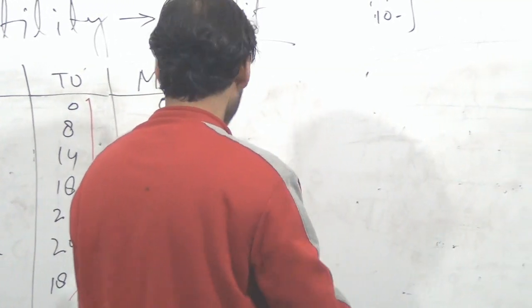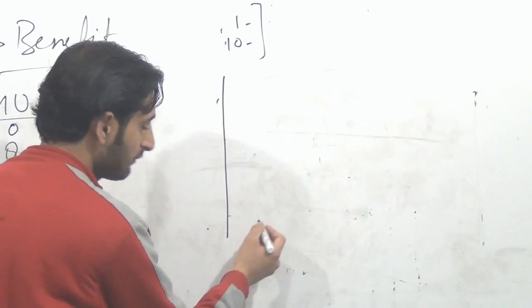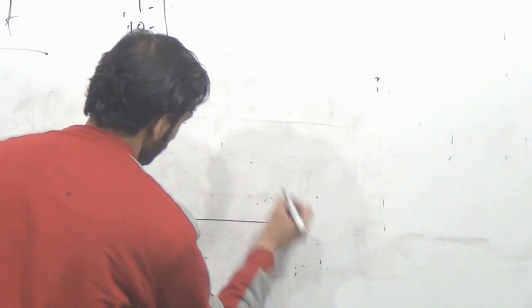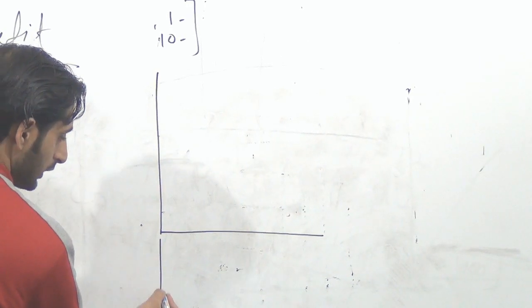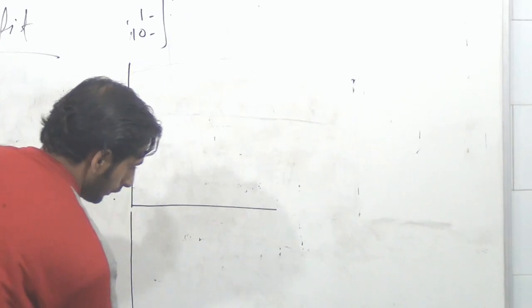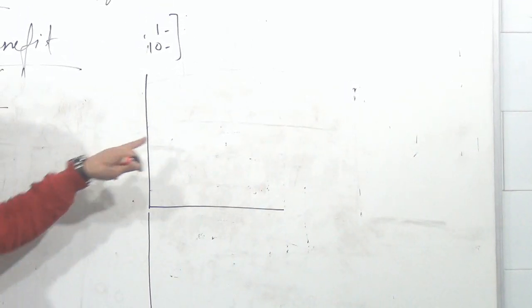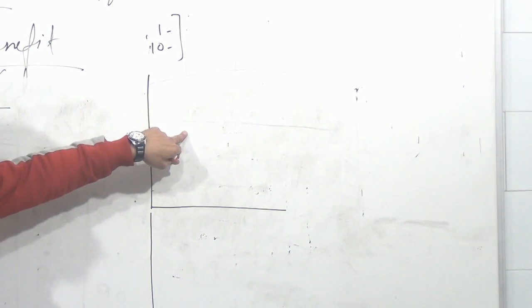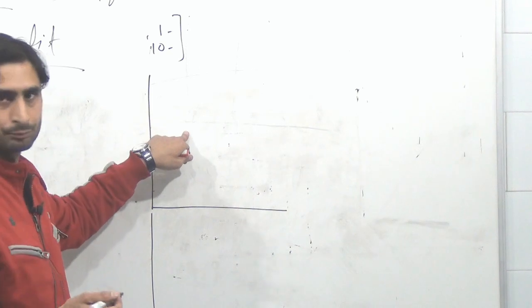Suppose this is the first graph I am going to take. I have to go to the negative side as well, so I'll be taking them not together. First graph I'll use to show the total utility.